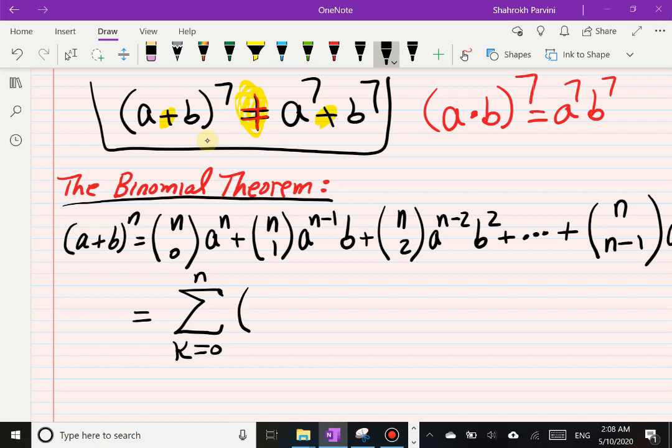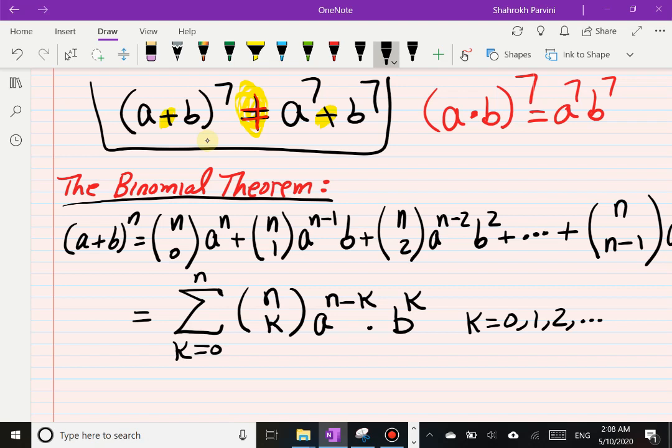So this is going to be given by the sum of n choose k, a to the n minus k times b to the k power. Okay, and there you have it. And in here, of course, k goes 0, 1, 2, all the way up to n. That's what k does.